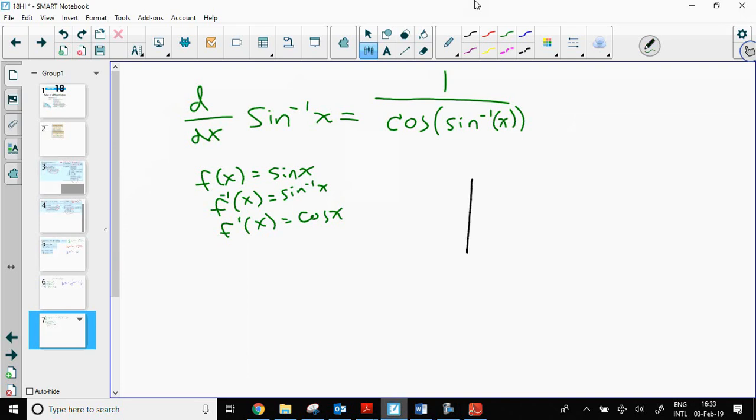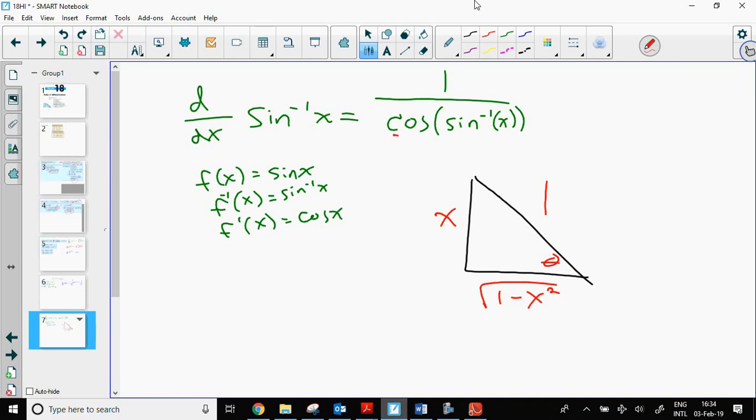Well, let's think about a right triangle. Arc sine of x is the angle which has a sine of x. If it has a sine of x, that means that the opposite side is x and the hypotenuse is 1. Then this third side has to be the square root of 1 minus x squared.